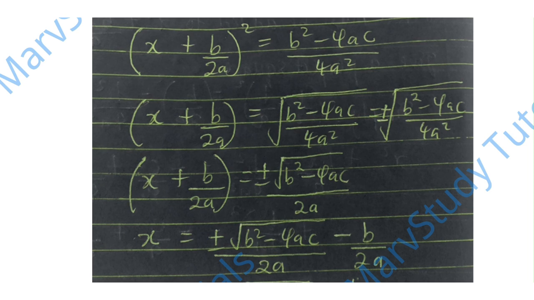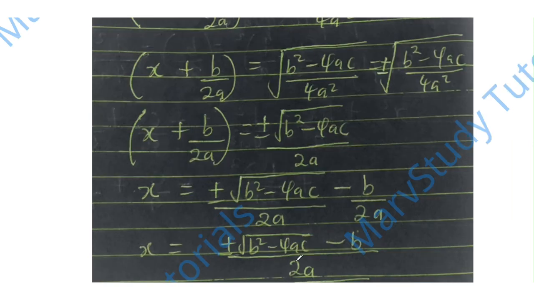You can see a common denominator here. So we take the LCM, and 2a into 2a gives us 1 times the plus or minus square root of b squared minus 4ac. Then 2a into 2a gives us 1 times this b, and that's going to give us a negative b.